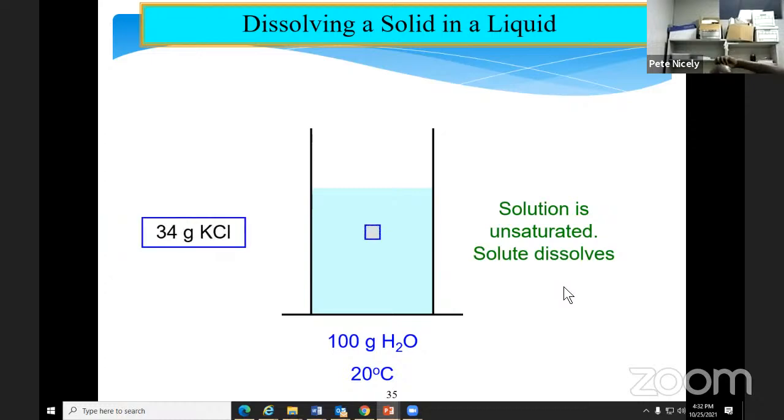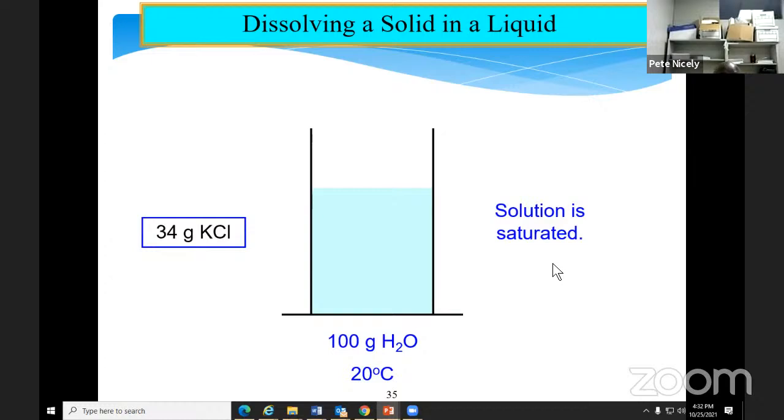Now, if you add 34 grams, what happens is that not all of it will dissolve. In fact, this is the maximum amount of potassium chloride that will dissolve, because at this point, the solution will be saturated. All right? So that's what happens in the case of potassium chloride. The solubility of potassium chloride, therefore, is 34 grams of the solute per 100 grams of the solvent. All right?